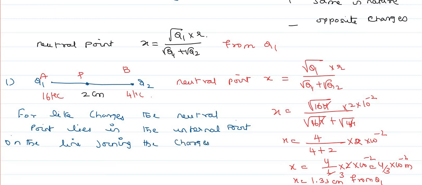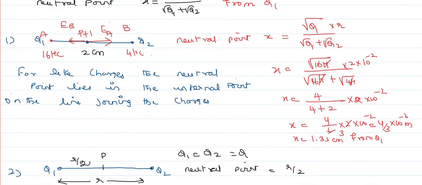Because if you keep a positive charge here to find the electric field, due to A it will be this way and due to B it will be in this way. So opposite forces, so the net force will become 0 at some point. If the charges are equal it is the midpoint, otherwise it will lie nearer to the smaller charge.